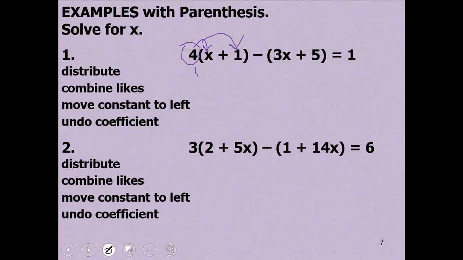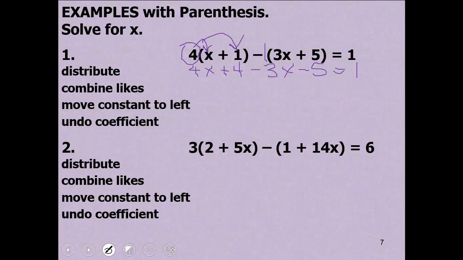So I get 4x plus 4. But notice here, this is like multiplication by negative 1. This is what I've called in the past the sign flipper. This negative in front of a parenthesis changes every sign on the inside of that parenthesis. Minus 3x minus 5 is equal to 1.